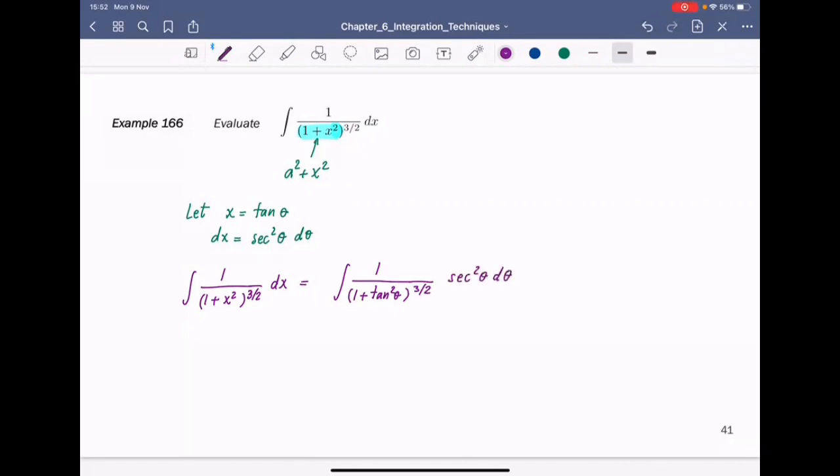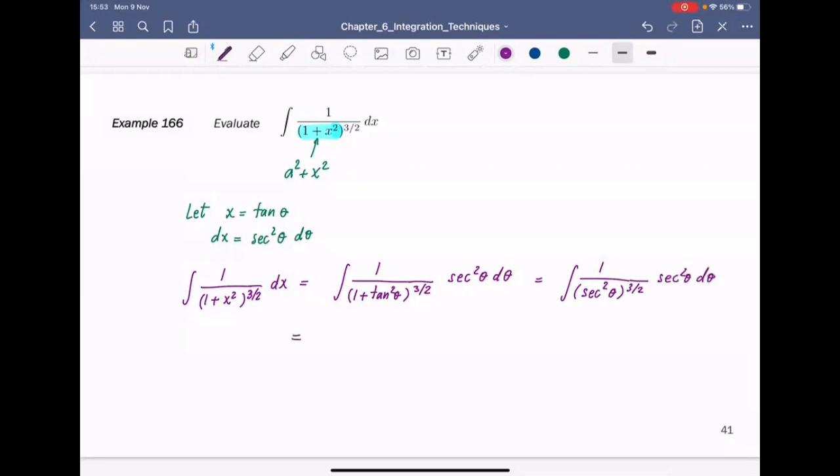You can see that the idea is I am trying to change everything in terms of x to in terms of theta. Here, 1 plus tangent squared is secant squared. Looks good, right? And then this is secant squared theta d theta.